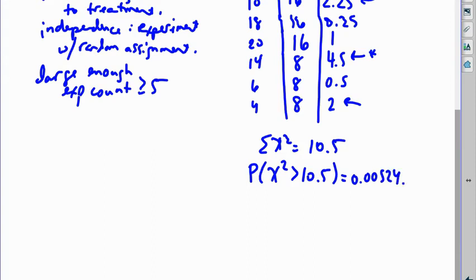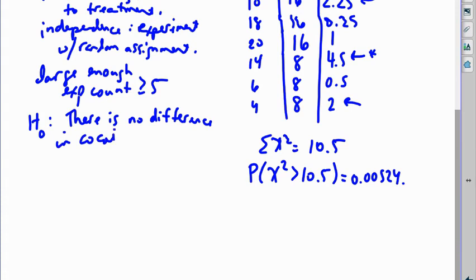The probability that a chi-squared goes above 10.5 is 0.00524. I never did write my hypotheses, did I? So let's make sure we write those. The null here, it is a homogeneity situation, so there is no difference in cocaine relapse for the 3 treatment groups.